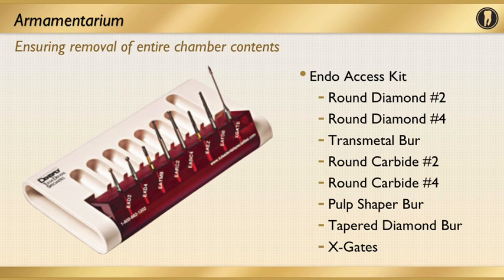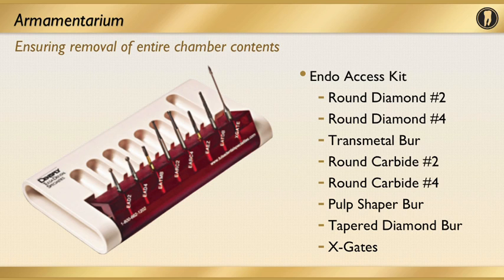The kit provides us with penetration burrs as far as a round diamond number 2, round diamond number 4. Also, in cases of teeth that are prepared or that have already been restored with a crown that has a metal substructure, it may be necessary to have a transmetal burr or a round carbide number 2 or number 4. Again, the Pulp shaper burr is adequate for fine refinements of the actual axial wall.